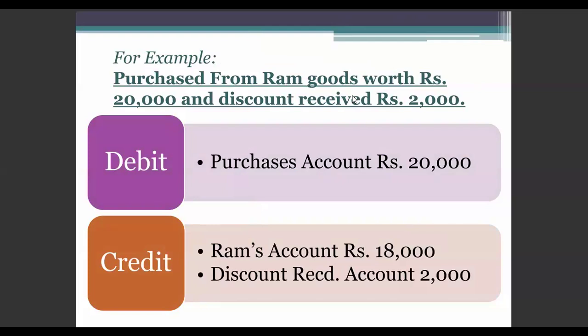Let's take an example. Purchase from Ram goods worth rupees 20,000 at discount of 2,000. Now, in the earlier transaction, we have an exact effect.